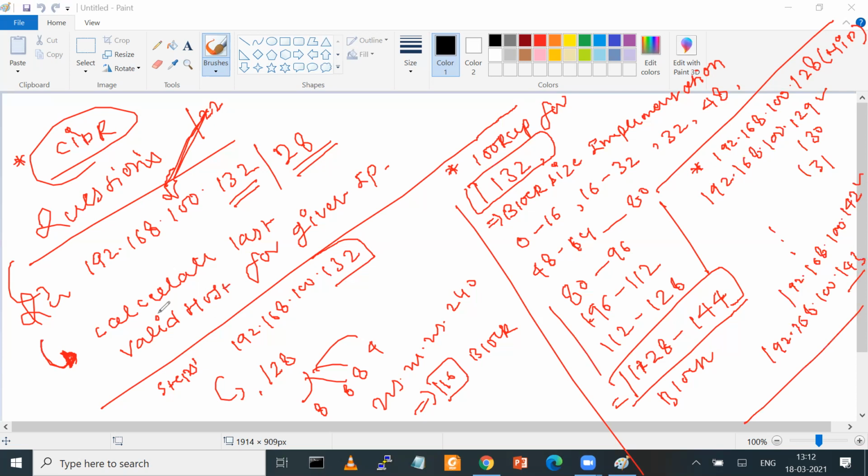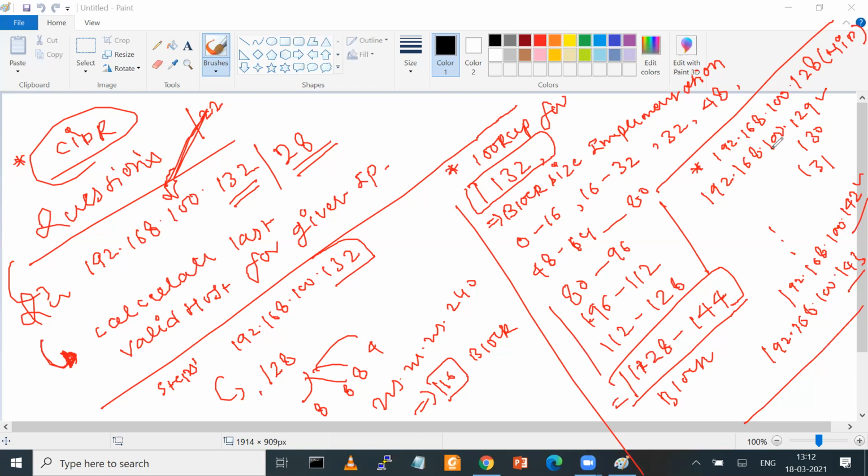So what do I write here in the question to calculate? It asks to calculate the last valid host. So the last valid host would be 142. See guys, this question has the CIDR concept, classless, and everything we did on IP calculation and block size gets covered in this.